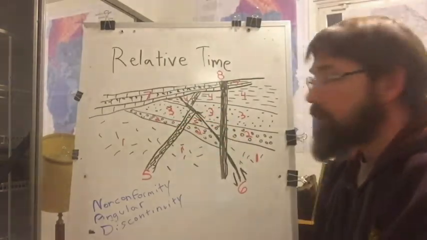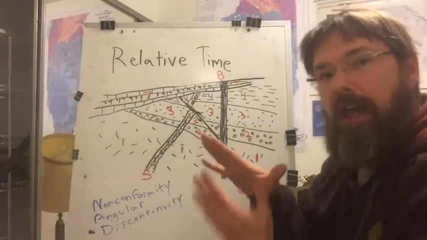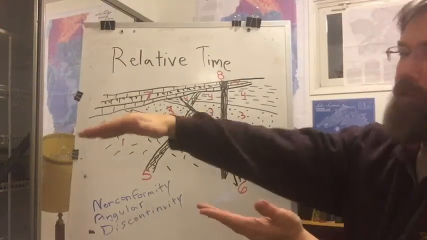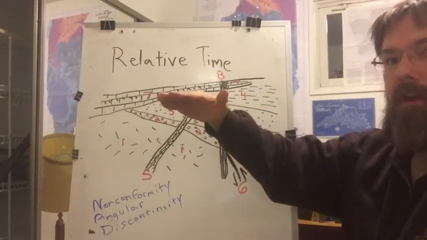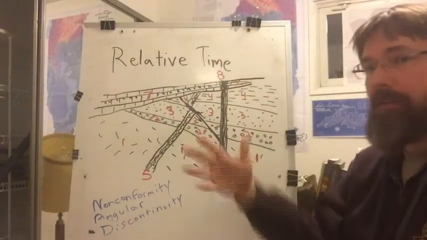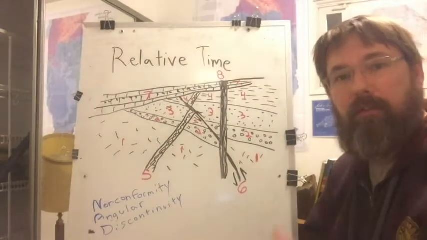Now your angular unconformity, basically that's where you do not have, remember I said the law of original horizontality, stuff at the surface likes to be deposited in flat beds. Rocks also like to be deformed, and they can be tilted and uplifted. We see this all the time. I've got dozens of pictures of that just in my other videos.